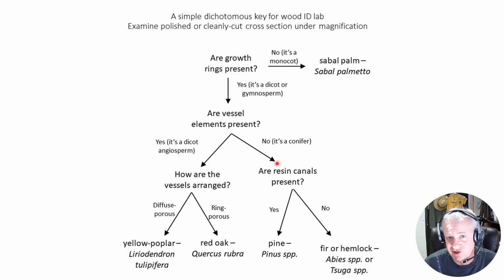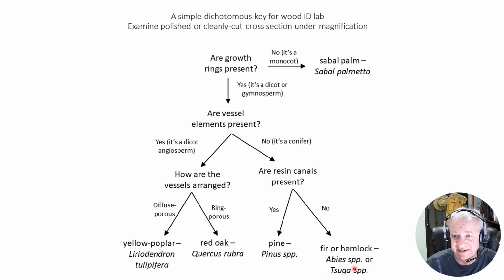If you've determined that it's a conifer or a gymnosperm, you can look and see if it has resin canals. If it does have resin canals, then we can get it to genus, it's pine, Pinus. If it doesn't have resin canals, then our unknown is either a fir or a hemlock.